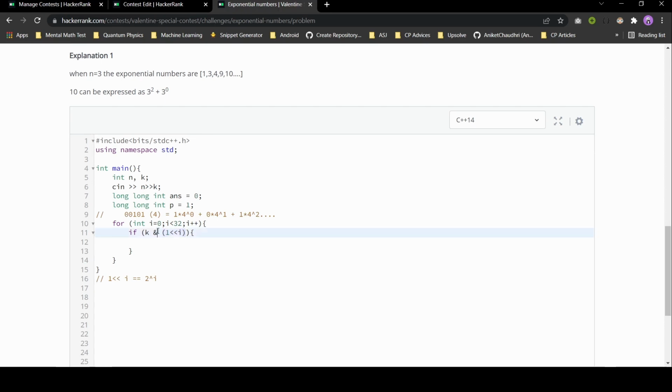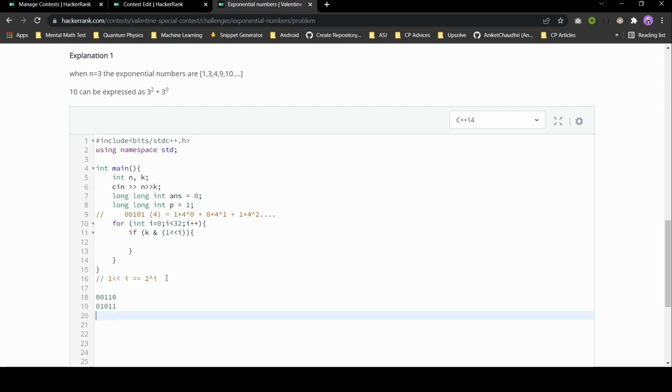And this is the AND symbol. If you know what bitwise AND is, so let us have two binary numbers, 0 0 1 1 0, and another number as 0 1 0 1 1.